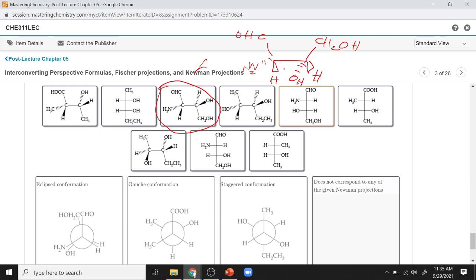So that means the OH and NH2 should be on the same side, right? The H and the H should be on the same side. So that's okay, isn't it? So that is that. And yep, that is it.